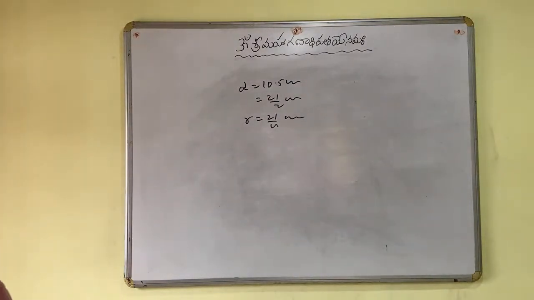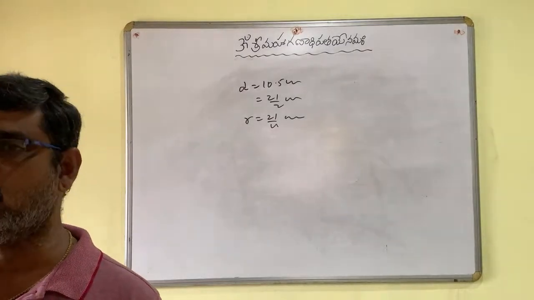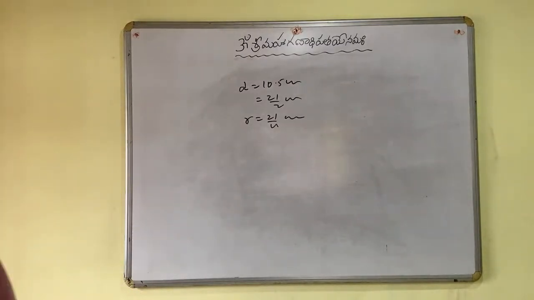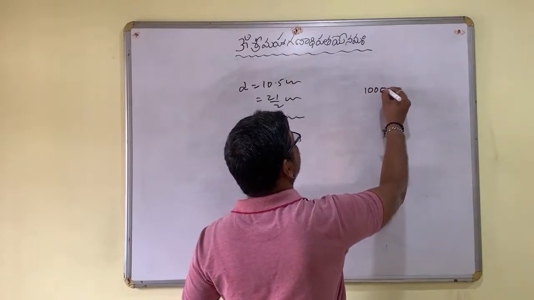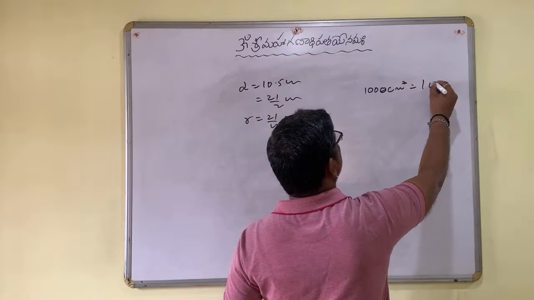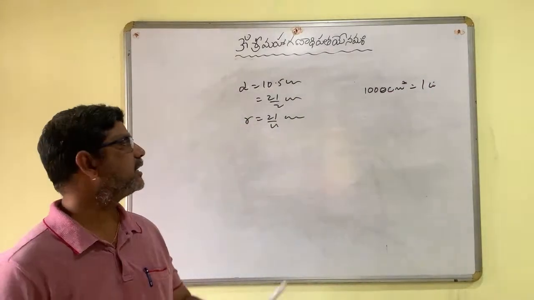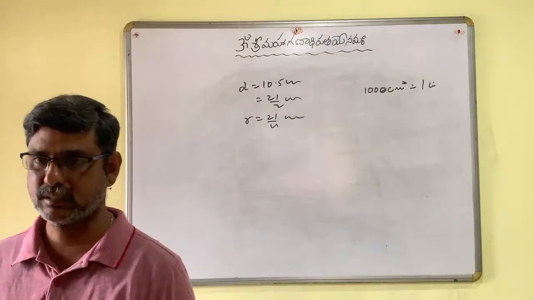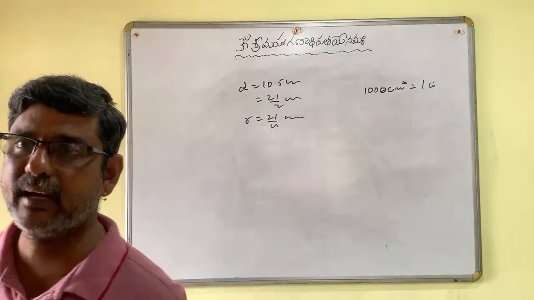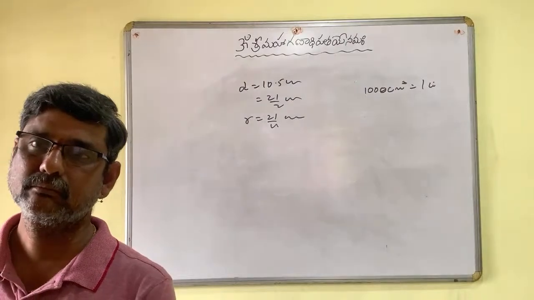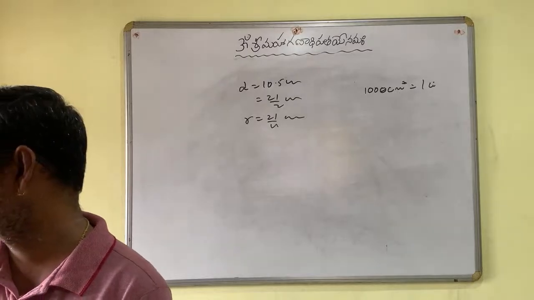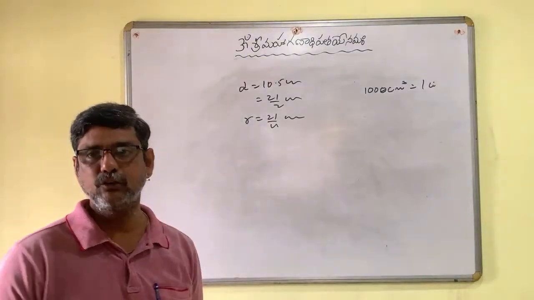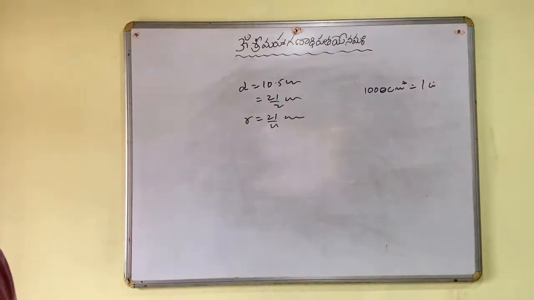How many liters of milk can a bowl hold having a certain radius? Okay? Liters. First we need to know that 1000 centimeter cube is 1 liter. The radius is given in centimeters, children. And how to convert from centimeter cube to liters? This is the scale: 1000 centimeter cube is 1 liter. Okay?